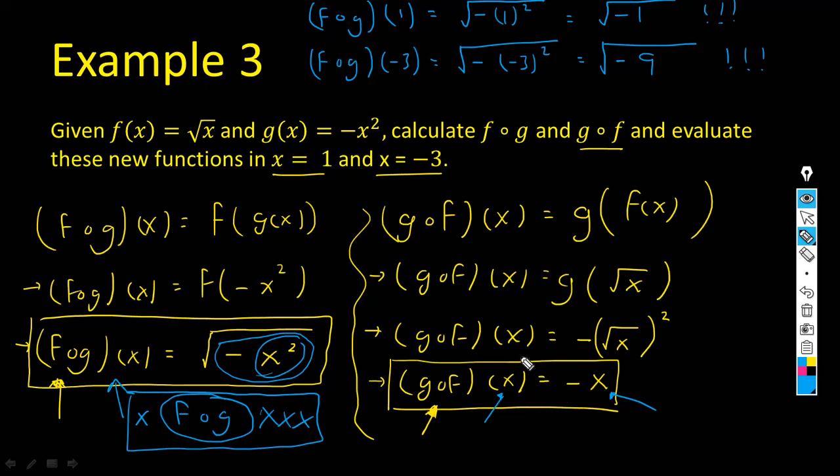So try to look at the difference. This function doesn't even exist. It doesn't make mathematical sense to compose f and g, but g composed with f is a very decent function and perfectly normal. So be aware of that.